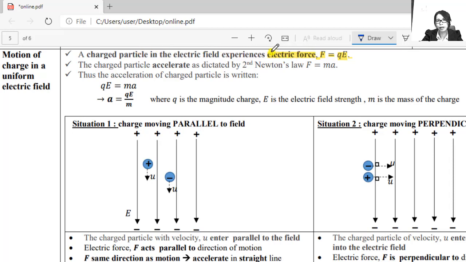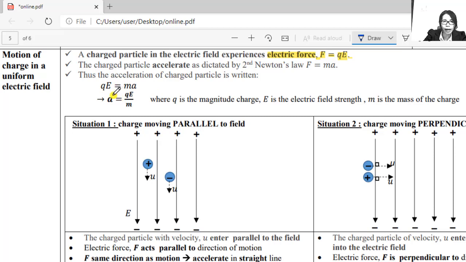Since it experiences a net electric force, it will experience acceleration. So if we apply Newton's second law, F equal to ma, the F here is the electric force QE. So I put it in: QE equal to ma.